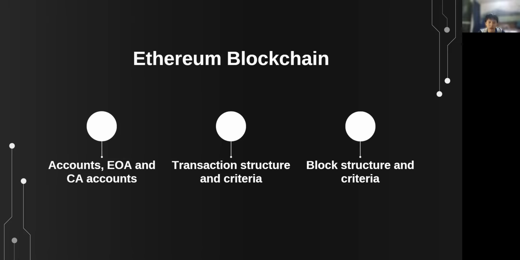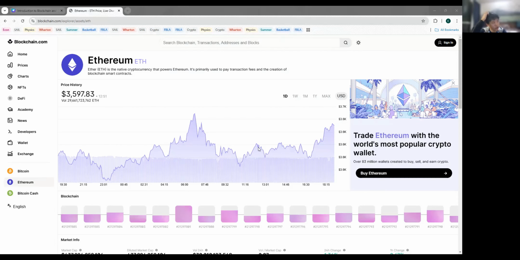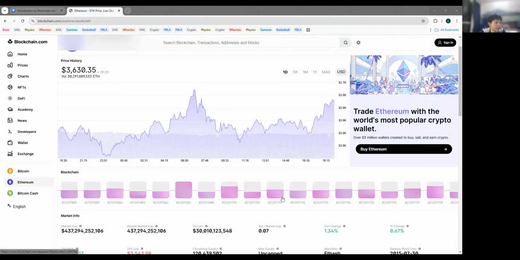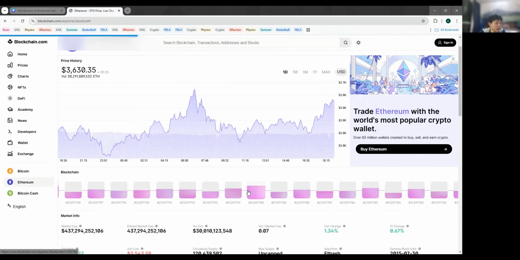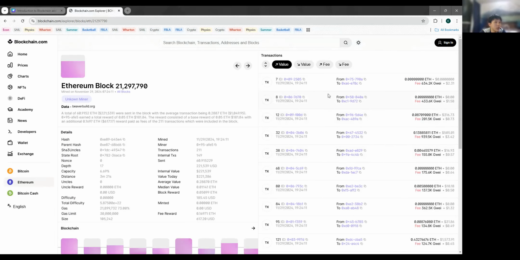Similar to the Bitcoin transactions, I can show the Ethereum transactions. If we take a look here, this is Ethereum, and we can take a random block. This is like what we've already seen before, blockchain and transactions. We can take a random transaction.